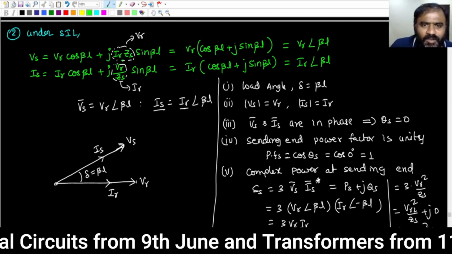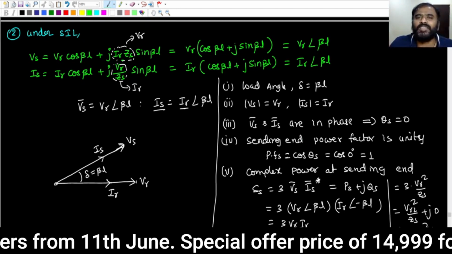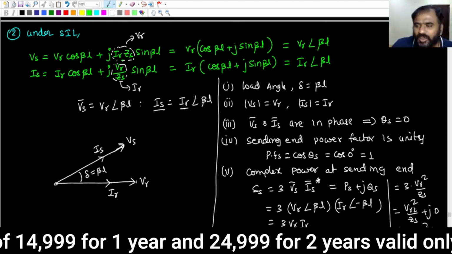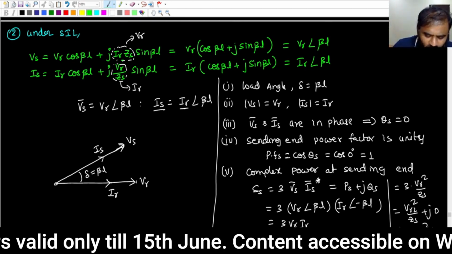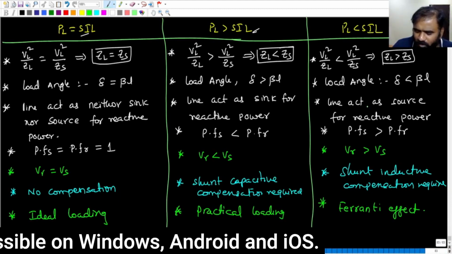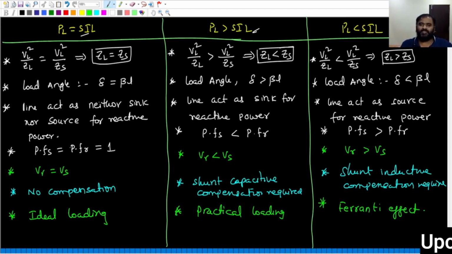We understand now. Now we'll go for the next topic, that is the typical value of phase constant beta for lossless line. Okay, this is also very important. Typical value of phase constant beta for lossless line we'll discuss now. If you complete this table, we'll go now. You understand this table, right?